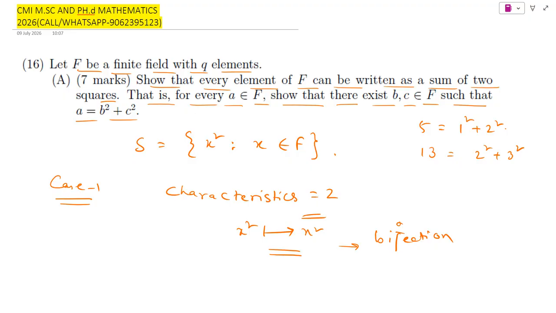That means every element is already a square. Hence, A equals A squared plus 0 squared. So the theorem is immediately true. Therefore, the interesting case is when the characteristic is not equal to 2.